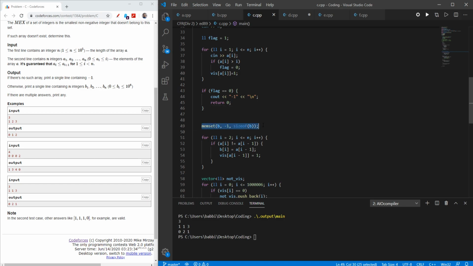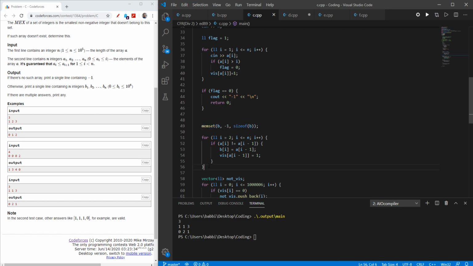Then I set my b as -1 because I initially will fill values of b with the values of a of i. Then I will iterate on my array again to fill it with the values which are not visited.